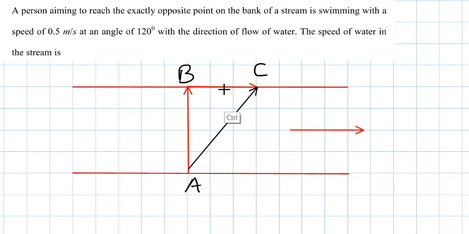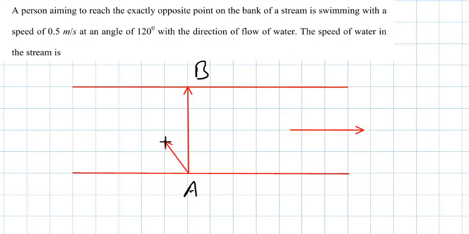And how is that possible? For this, instead of swimming in this direction, the person will take a different direction. Say he wanted to go from A to point B, and he knows water will push, so he will take a slightly different direction, and in that direction he will have two components.